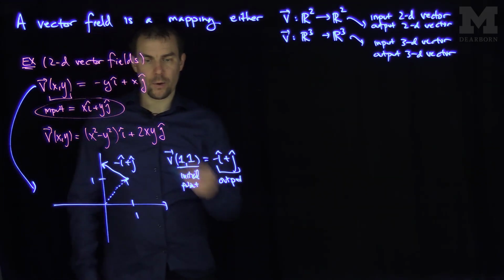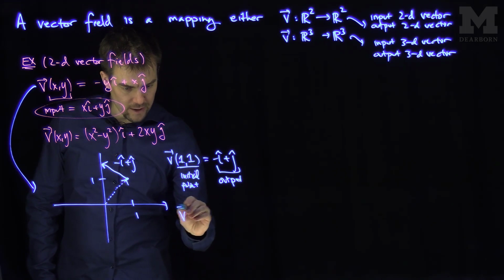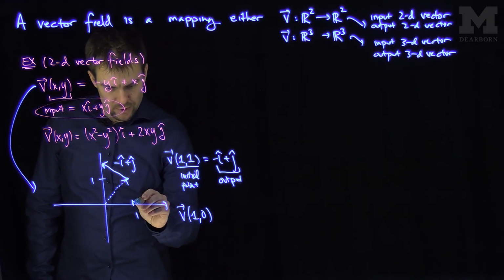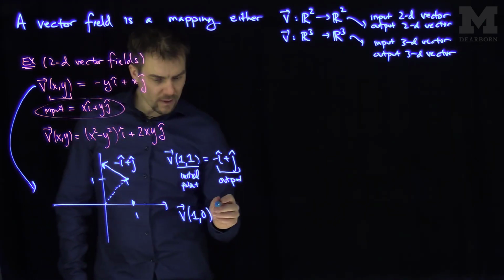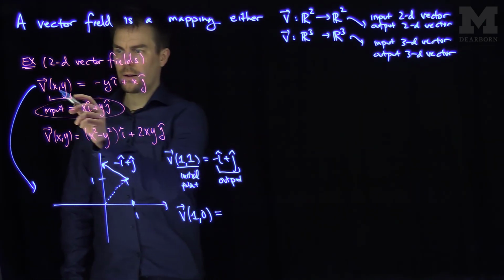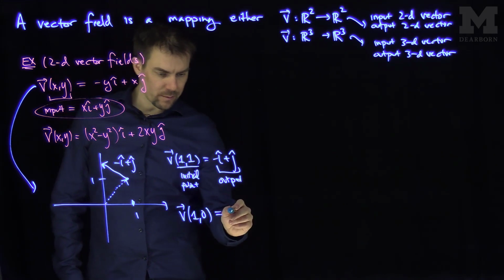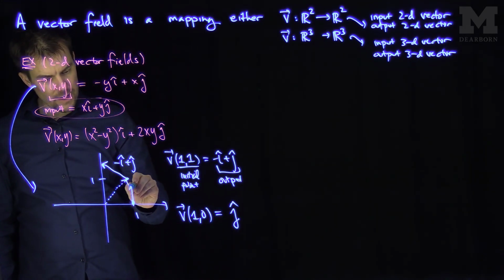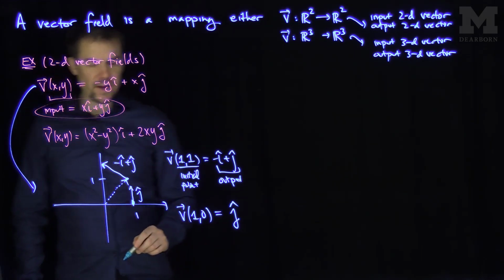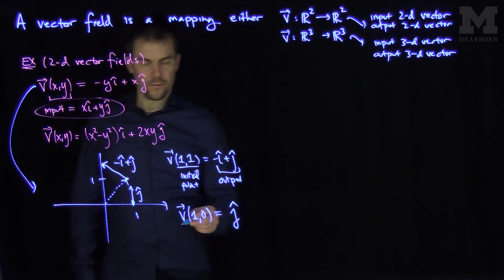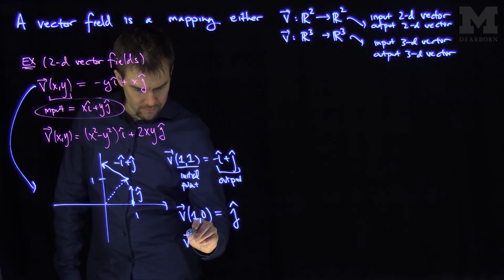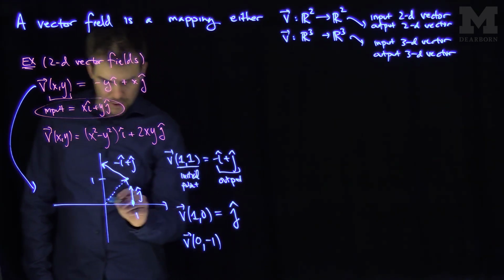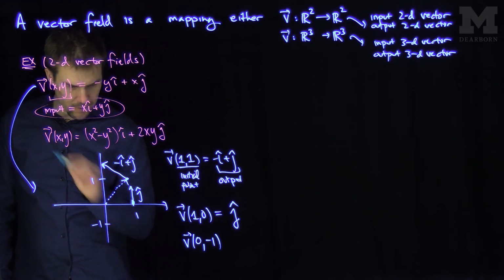And we do this at every point. One more example I could do, I could plug in the point 1, 0, and that would be my initial point. So I'd start my vector over here, and then the output of that is, well, the x goes into the second slot, so that would be a j hat, and there's no i hat. So over here, the vector field will output a j hat. And we can systematically plot the vector field in this way. If I look at v of, for example, 0, negative 1, then I go down to 0, negative 1 on my axis.